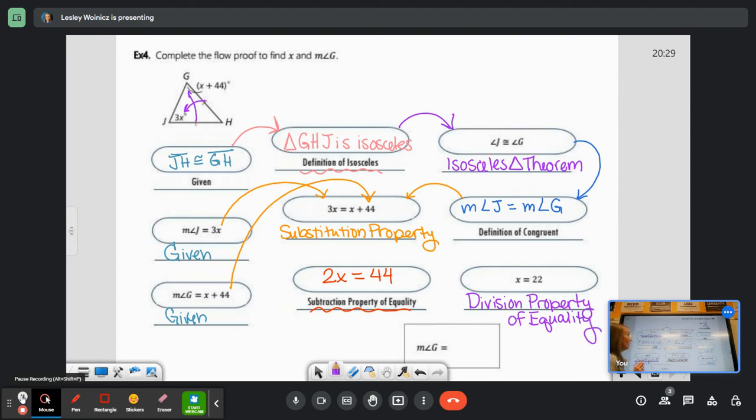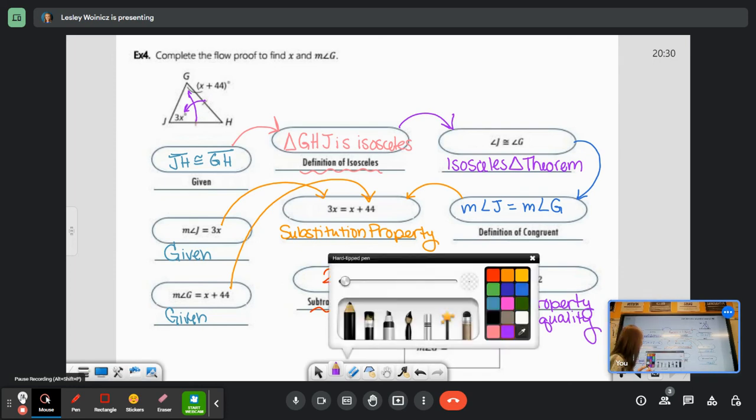Okay, I have one final thing to do after I find x, and that is to plug in and find the measure of angle G. So the measure of angle G is labeled up here.